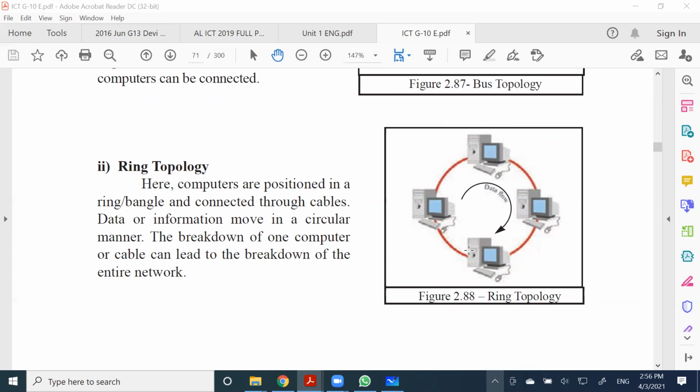And again, the data flow, the communication line, works either clockwise or anti-clockwise, right? දක්ෂිනාවර්තව හරි වාමාවර්තව හරි තමයි data අරගෙන යන්නේ. So the benefit is it is very easy to communicate with the other computer which is adjacent to it.